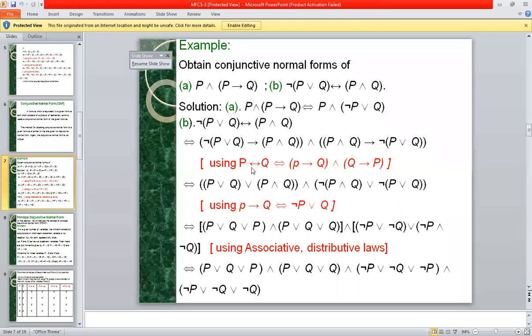In the first example, in DNF, we considered another equivalence relation.